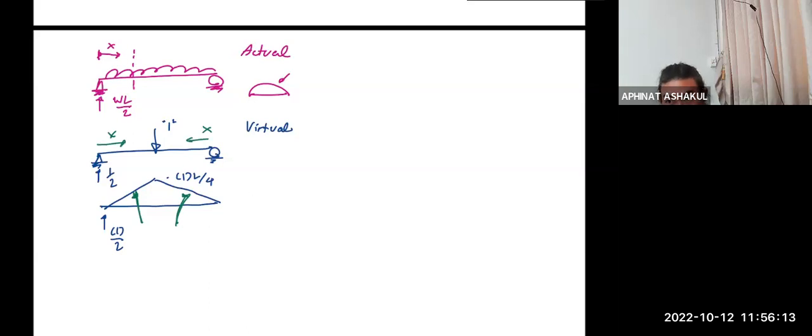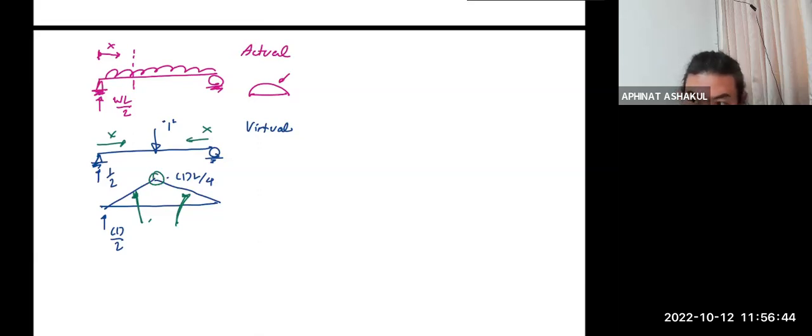So the point is, because of the discontinuity of the bending moment diagram in the virtual case, you need to split your integral. But because they are similar, because of symmetry, I can do one integral and multiply by 2. But I need to split the integral because of the discontinuity here.